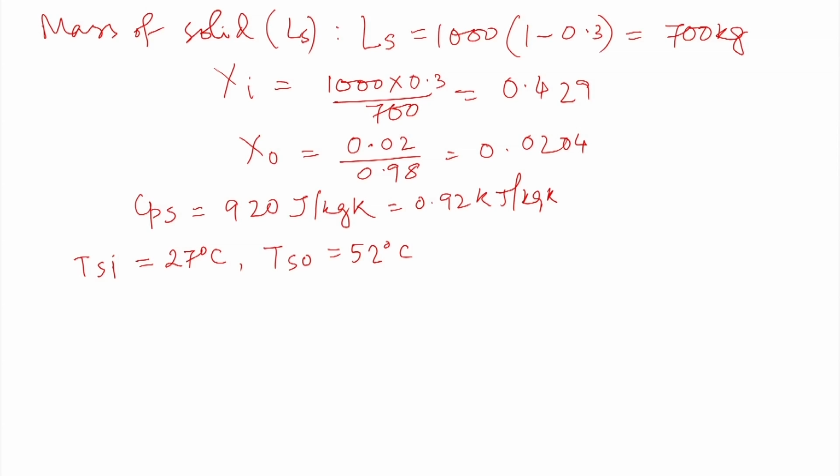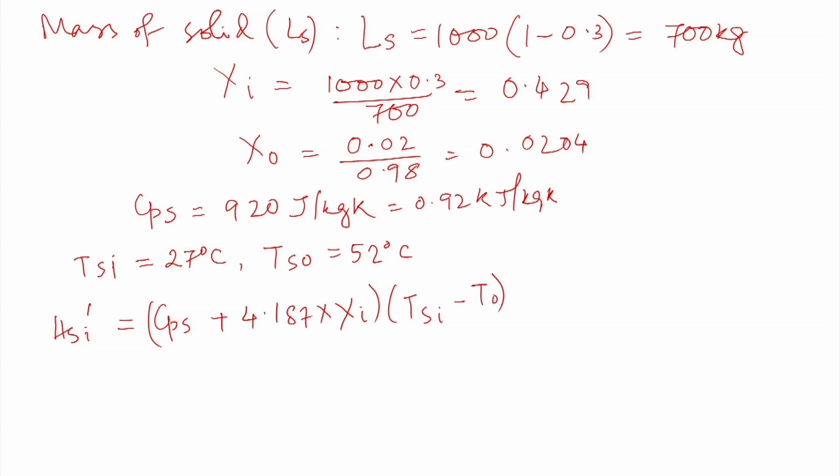So we will now calculate the enthalpy of the solid. We will be calculating this Hs, the enthalpy value of the solid entering, that is Cps plus 4.187 into xi, into Tsi minus T0.